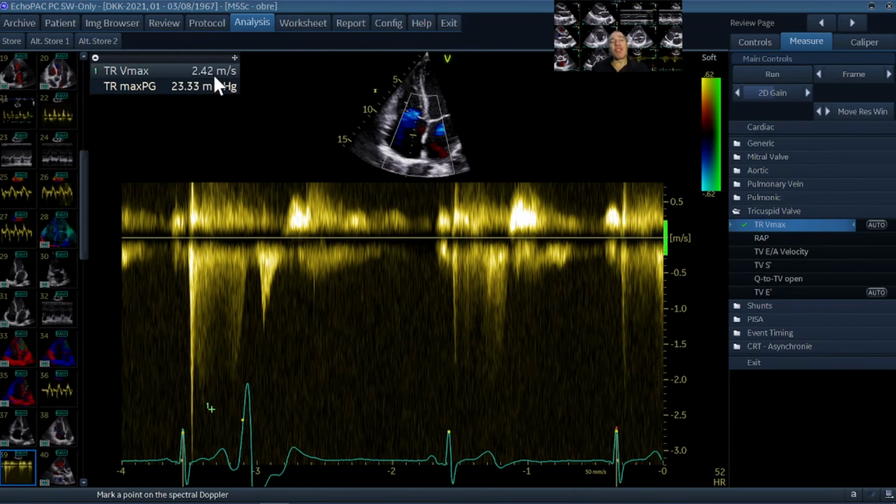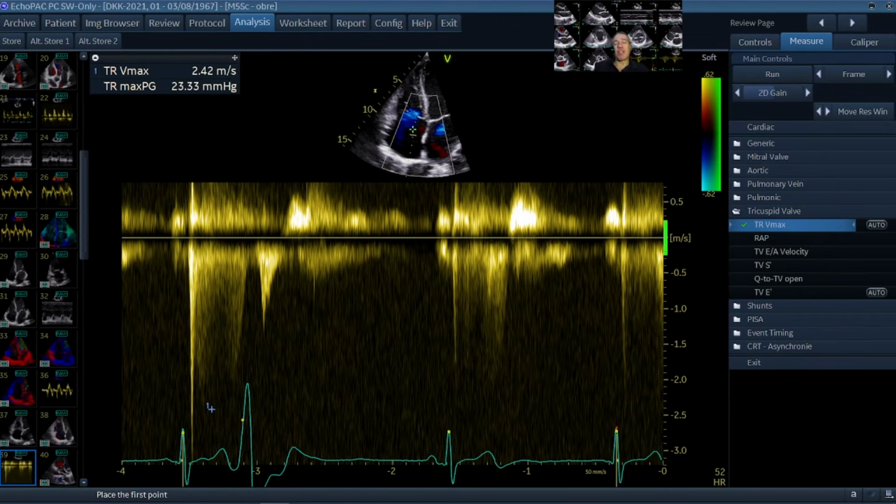There is a regurgitant velocity of 2.4 meters per second. So that's the velocity from the right ventricle to the right atrium. And this velocity is dependent on the pressure difference. And this calculates, after a modified and simplified Bernoulli equation, the 2.4 meters per second calculate to a pressure difference of roughly 23 millimeters of mercury.